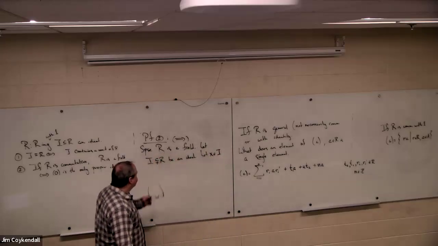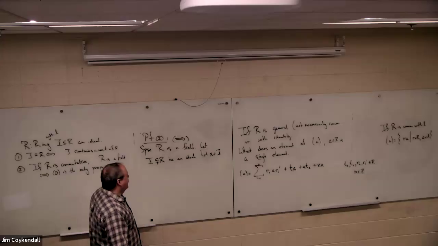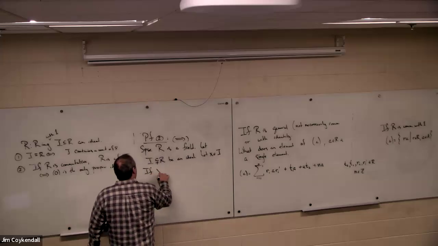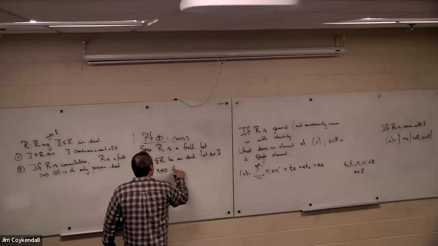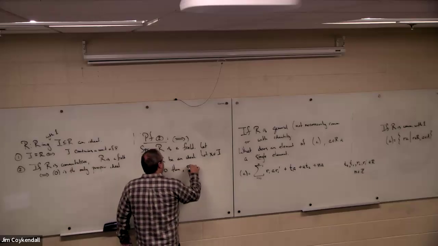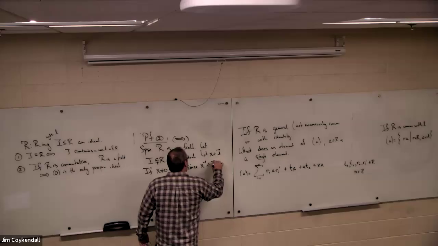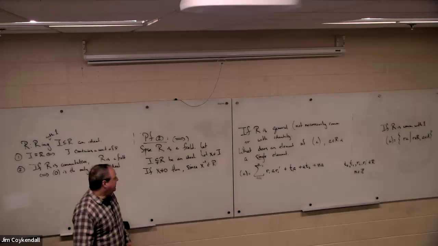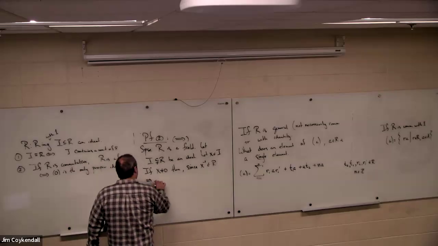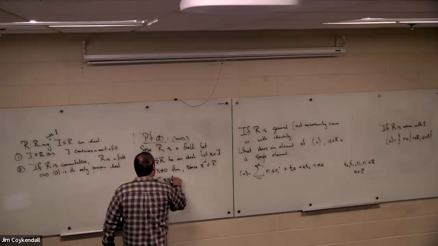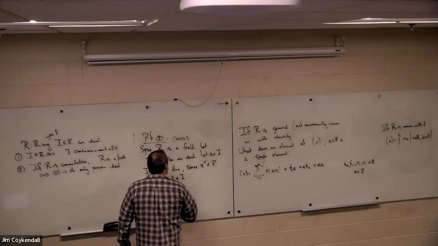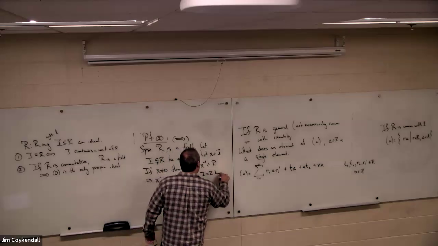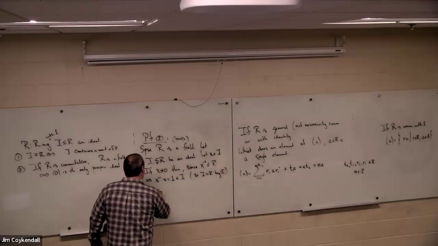Let X be in I. I know that ideals are not empty, so I know that there is something in there. If X is not zero, then since X inverse is in R, because all non-zero elements have an inverse, this implies X inverse times X, which is 1, is in I. So I equals R by part 1. And this is a contradiction.